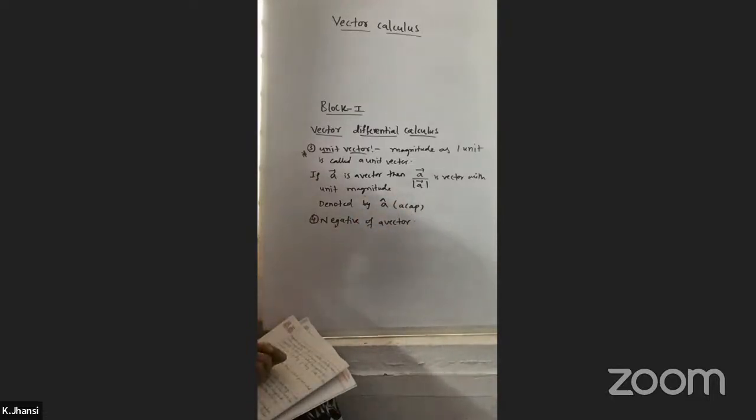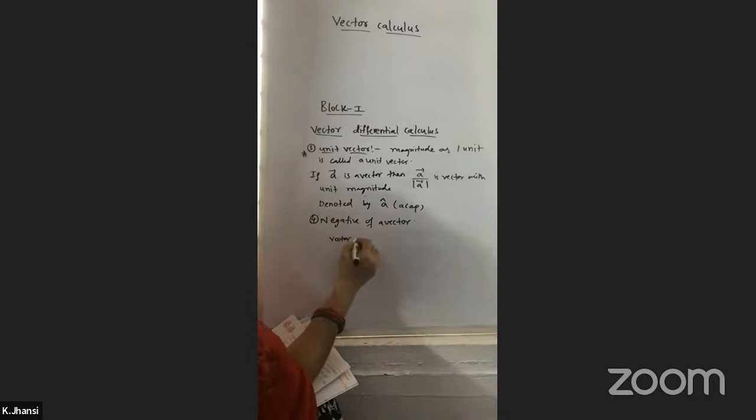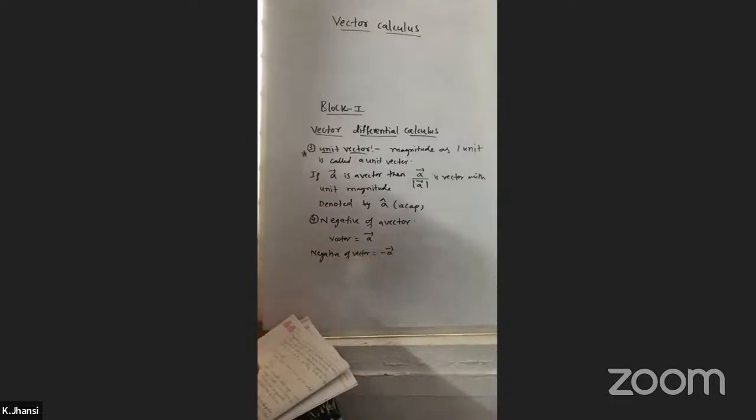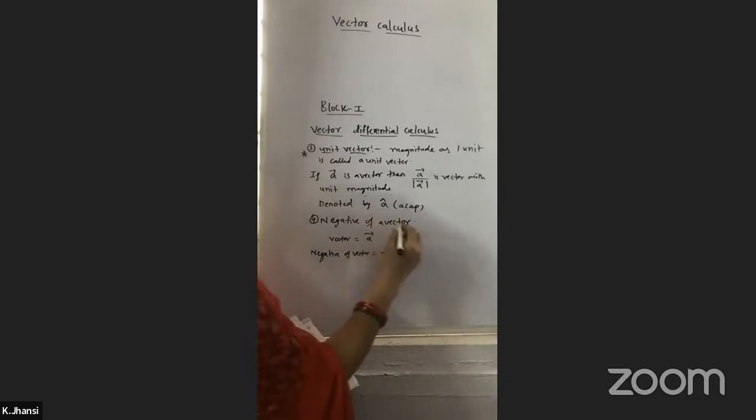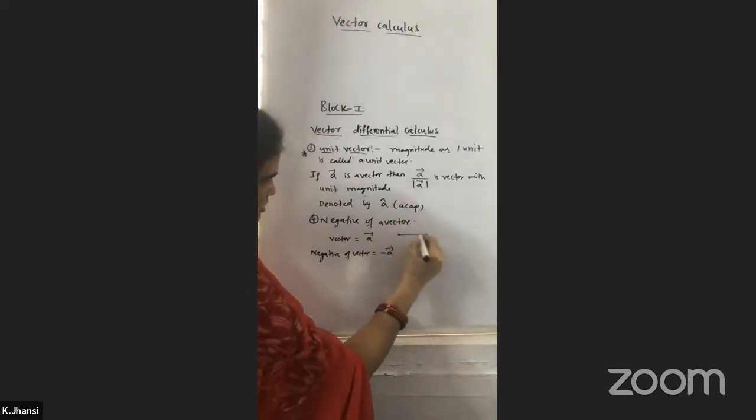Negative of a vector: normally any vector will be represented like this. The negative of the vector means minus A. Instead of plus, you will have minus, and vector A will be in this direction.